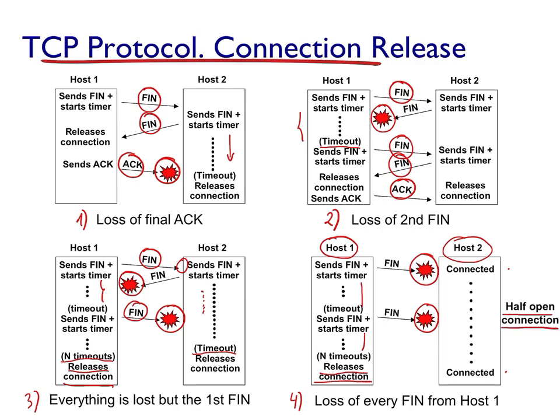This is the situation of a half-open connection. That is different from a half-closed connection, which starts after a specific host sends a FIN until the acceptance from the other host on releasing the connection. In this case, host 2 is still connected and the connection is half open.